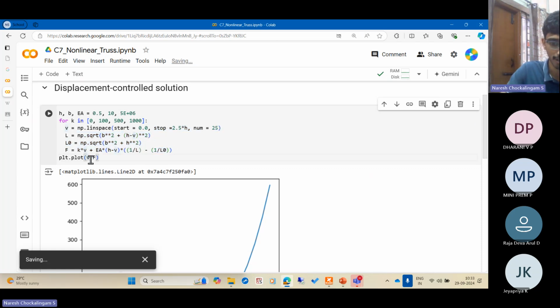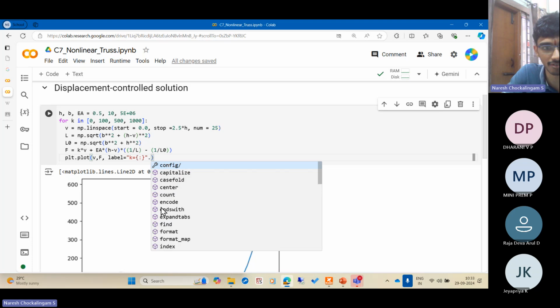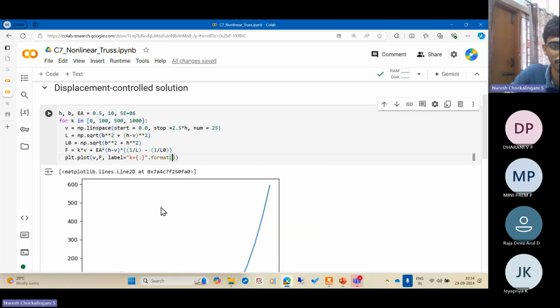And I'll plot also in a loop. But to understand which is what, I'll apply plot labels. So I'll say label is equal to k is equal to. So this is like a formatting string. I think you know that because some of you have used it in your homework assignment. So use this colon to put whatever you want inside and format k.